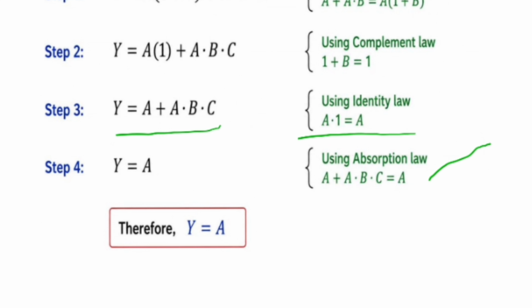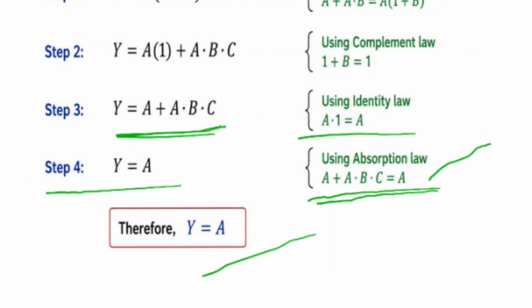After that we go for the absorption law. In the absorption law, A plus A into B is always A. So it becomes Y is equal to AB. These are the laws we used, and we have solved this.